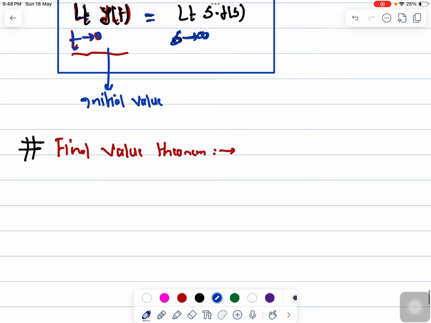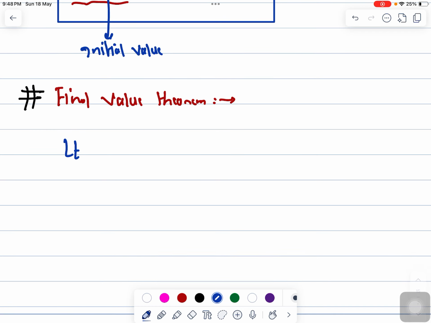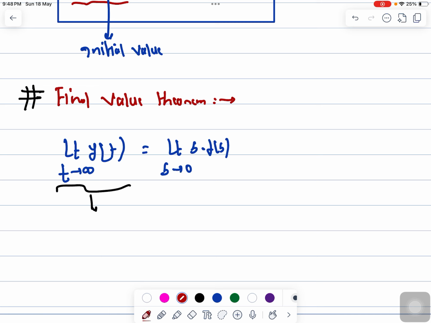What the final value theorem says is that the final value, limit as t tends to infinity of y(t), will be equal to the limit as s tends to 0 of s into F(s), right? So this is the final value.